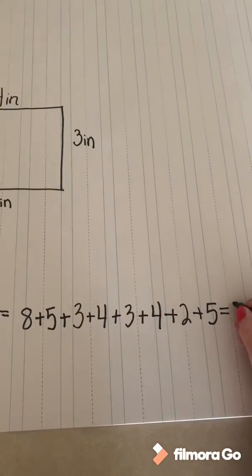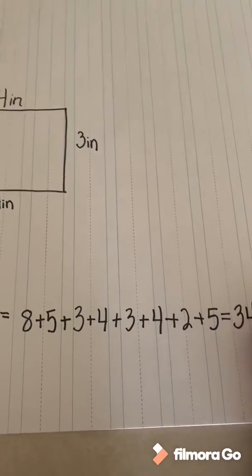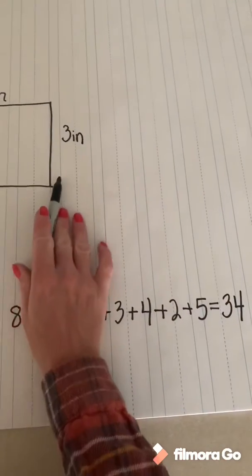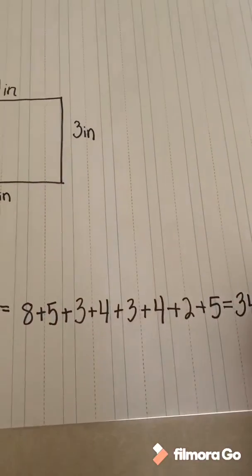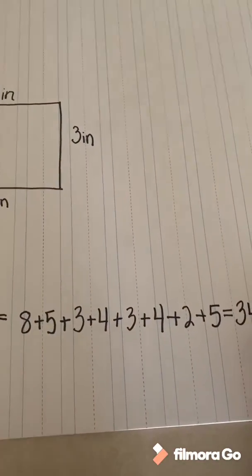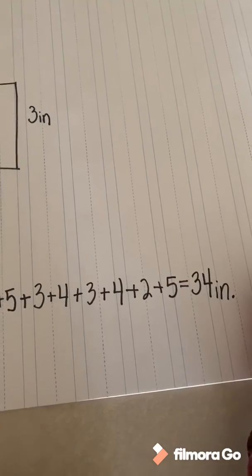So my total for all those sides would be 34, and then my unit, you can see, is inches. So my perimeter is 34 inches.